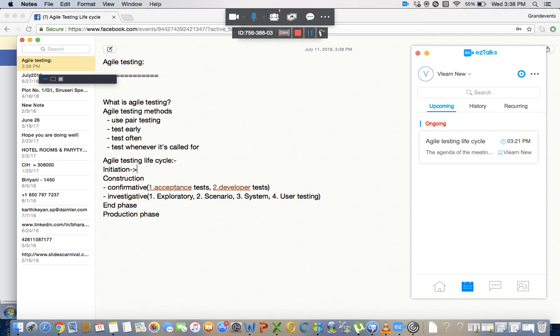See here, some of the tasks will be done in the initial phase. Here the first one is identifying the resources for external testing.